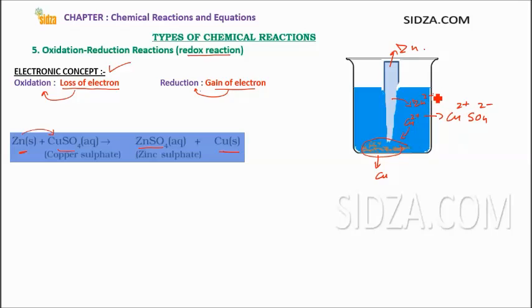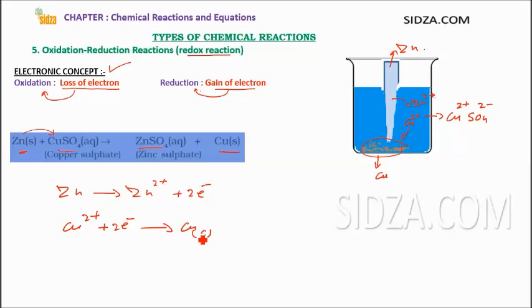The actual reaction is that first the zinc metal changes into zinc ions and electrons, and these electrons are then taken by the copper. The copper ion accepts the electrons and forms metallic copper.